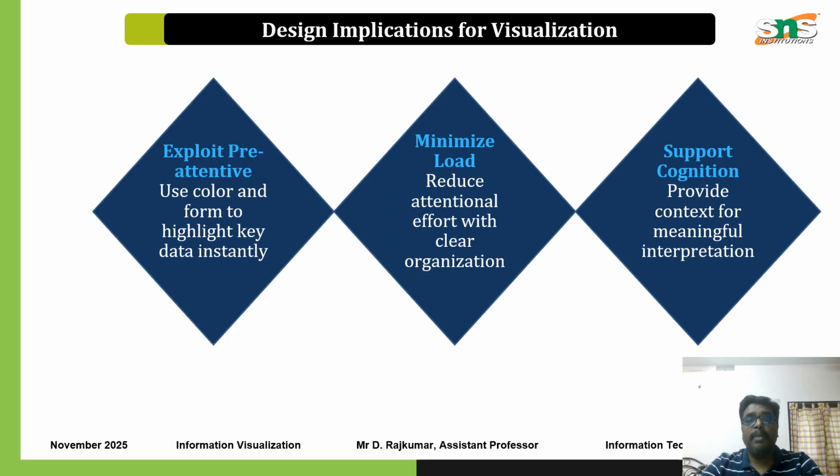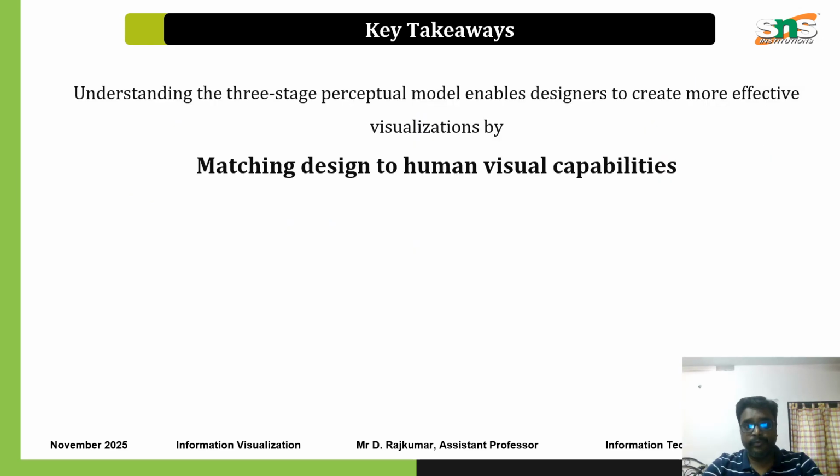Design implications for a visualization: exploit pre-attentive features. The usage of color and form to highlight key data helps us understand instantly, and minimizing load reduces attentional effort with clear organization. Supporting cognition provides context for meaningful interpretation.